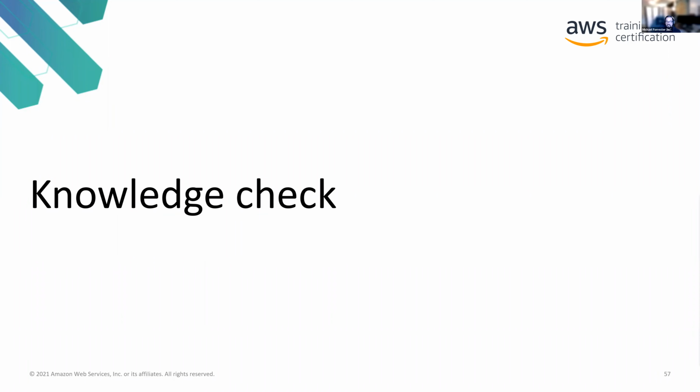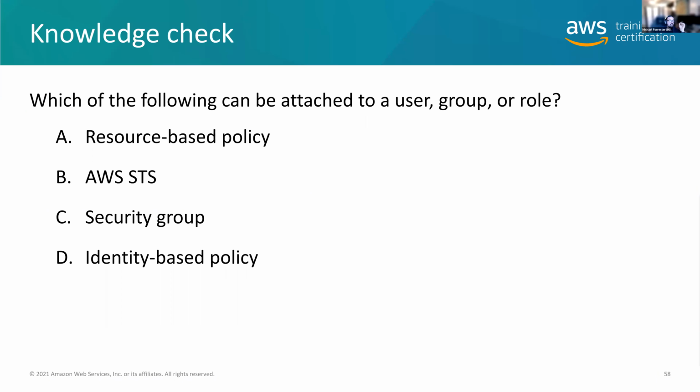Okay, let's ask our first question. Which of the following can be attached to a user, a group, or a role? So what can be attached to a user, a group, or a role?